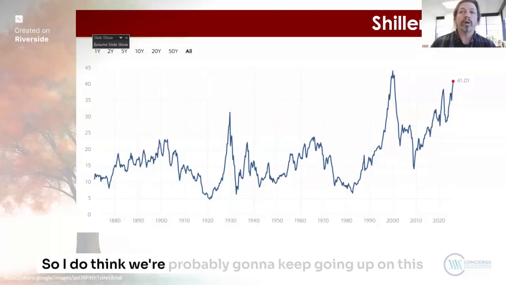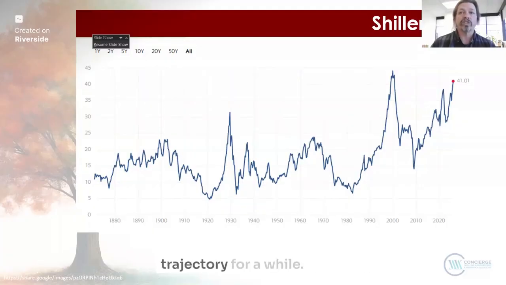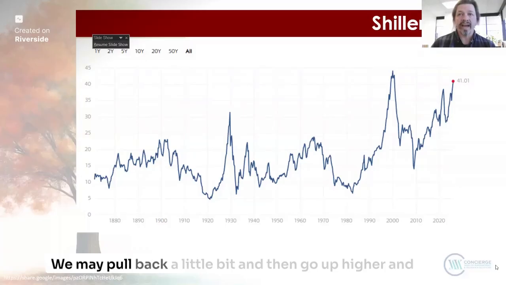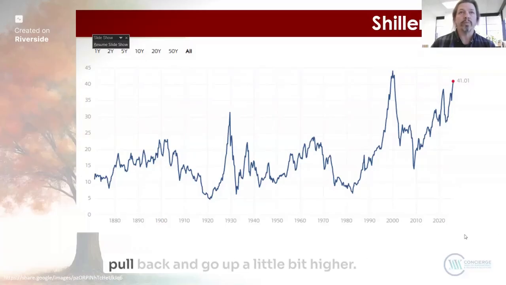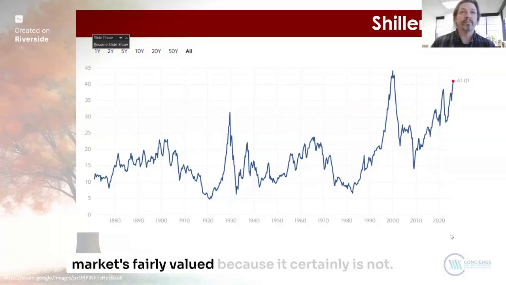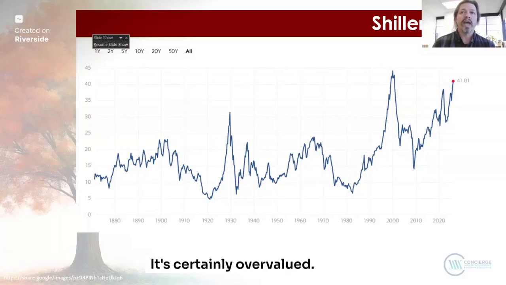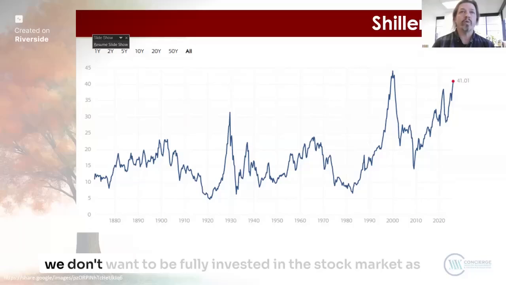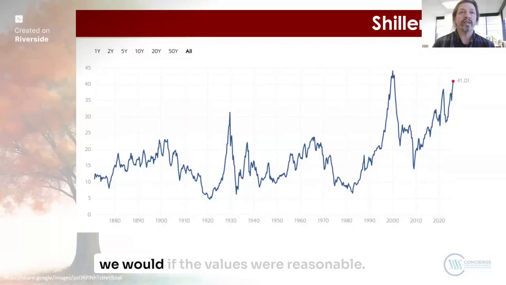So I do think we're probably going to keep going up on this trajectory for a while. We may pull back a little bit, then go up higher, pull back, and go up a little higher. All of that being said, that does not mean the market's fairly valued, because it's certainly overvalued. And when that happens, we don't want to be fully invested in the stock market as we would if the values were reasonable.